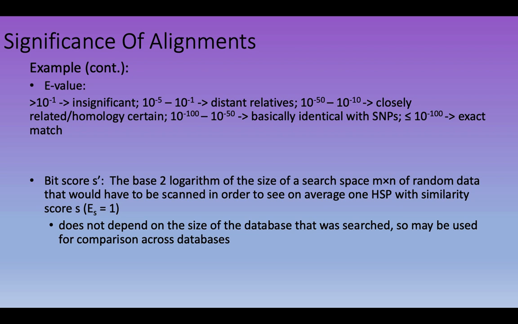We might just be looking for a way to compare the results of different searches, and this is a way to do that, because it's not telling us about the actual search we did, the expected value given the search that we did. It's telling us about the search that we would have to do to get just one scoring hit at random.